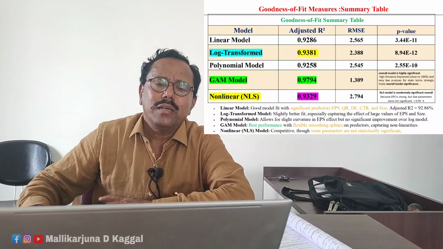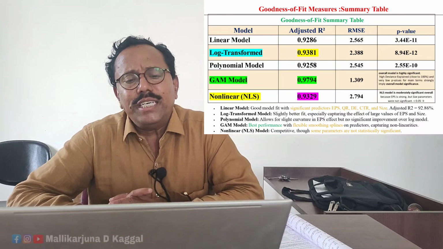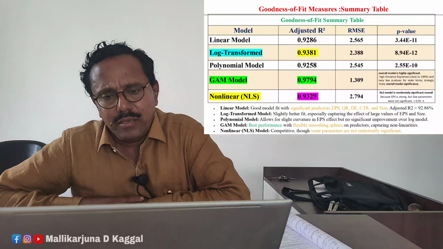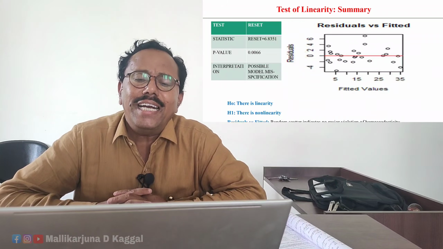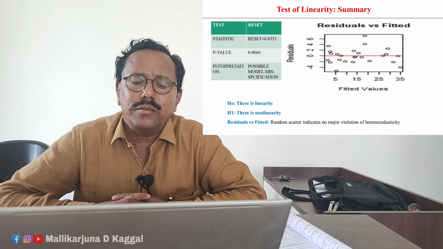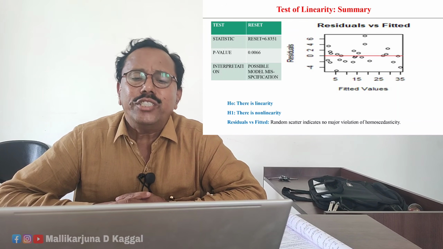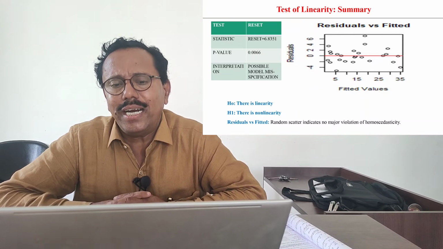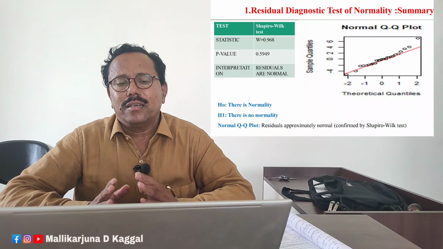Now next we use certain diagnostic tests. In order to validate our model and confirm the best fit model, we use residual analysis. The residual test can also be called a diagnostic test.